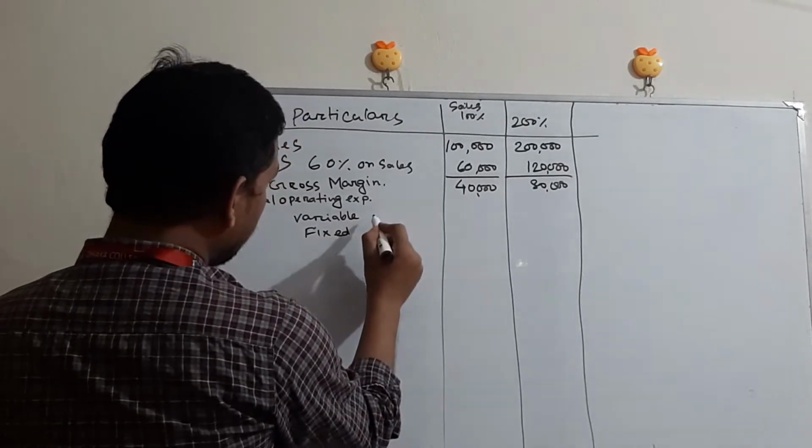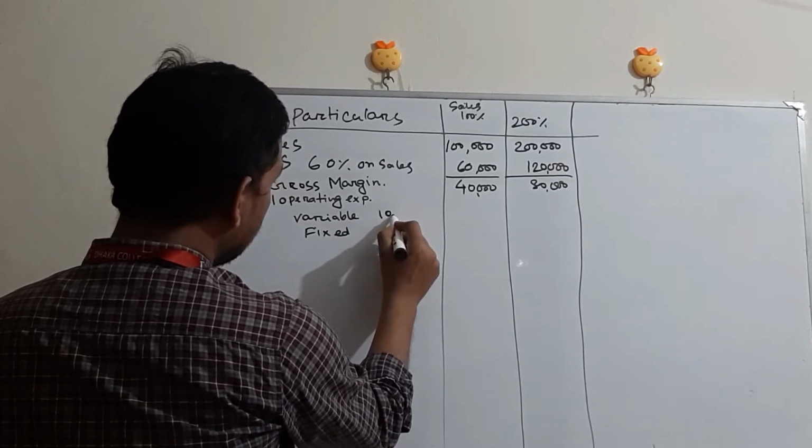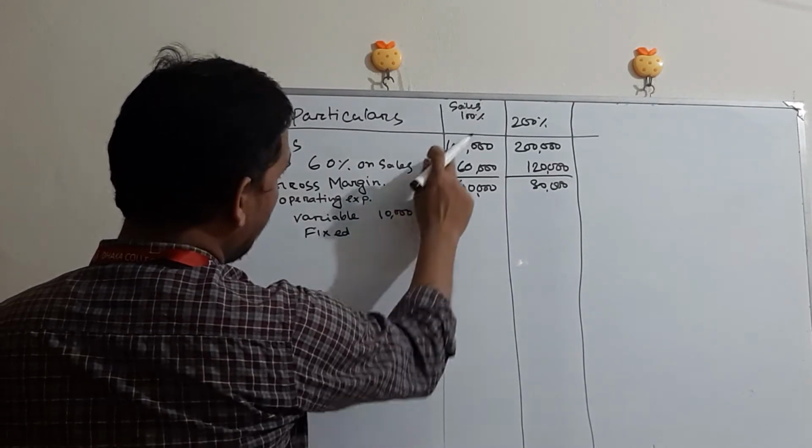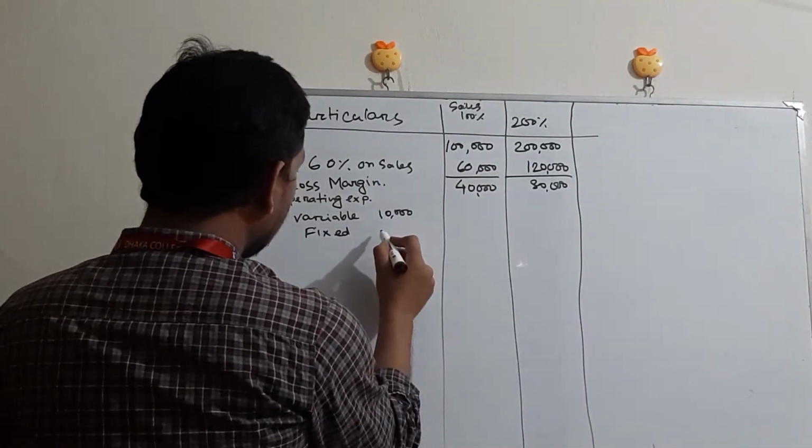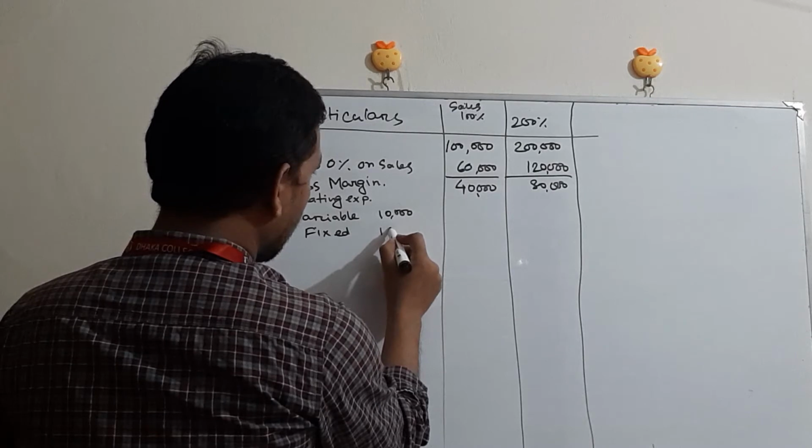In the question, variable is 10,000 taka for 1 lakh sales, and then fixed is 10,000 taka.